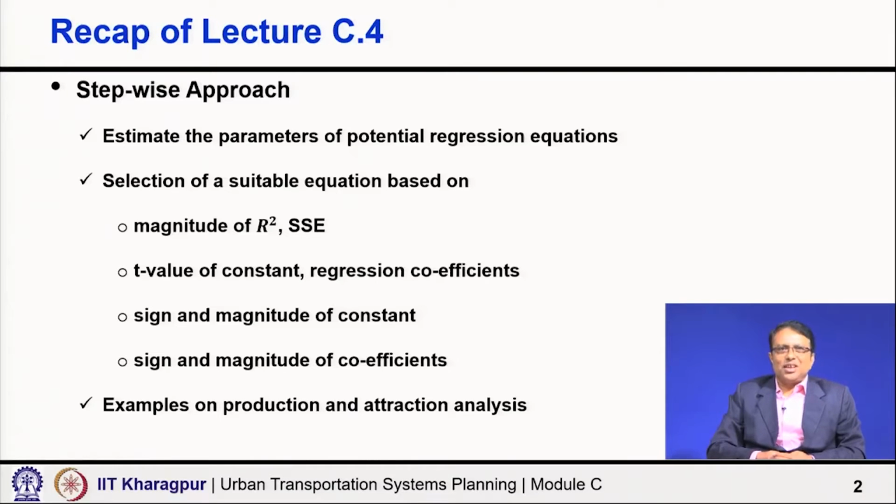And then we took various examples, and the last example I took in lecture 4 was an interesting example where for two equations all these aspects were satisfied and both models were fine. So, I told you to think from the application point of view, where it is easy to apply. Obviously, if my one variable and two variable models both give me the same results, I will prefer the one variable model, especially if that one variable is an aggregate prediction, like total employment.